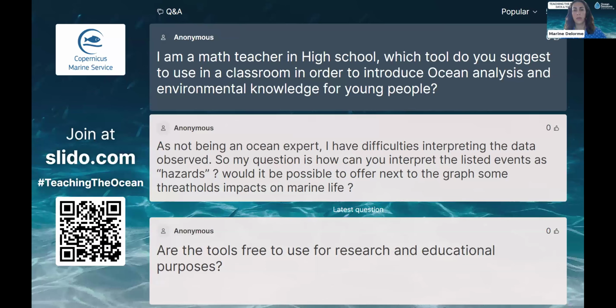I think the MyOcean Light viewer focuses on some key variables that are quite interesting to look at in terms of ocean variables. So I guess that's definitely a tool that Tony is going to show a bit later today, and I think it's very visual to be able to understand what's happening. If we focus only on a tool, of course, because there are other resources that have environmental knowledge, but it's not necessarily a tool.